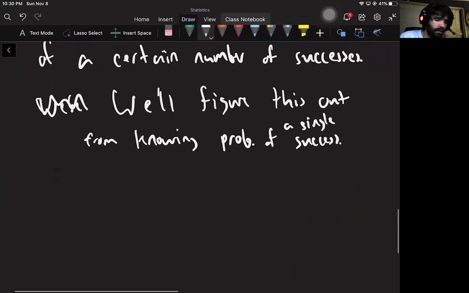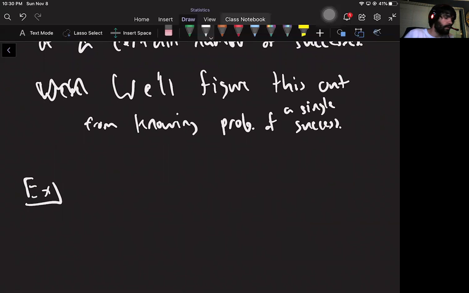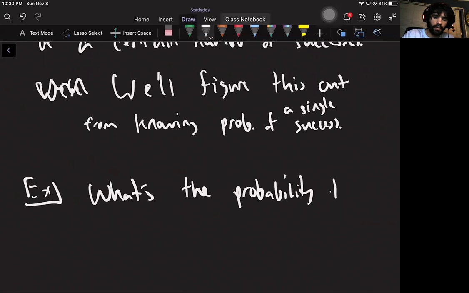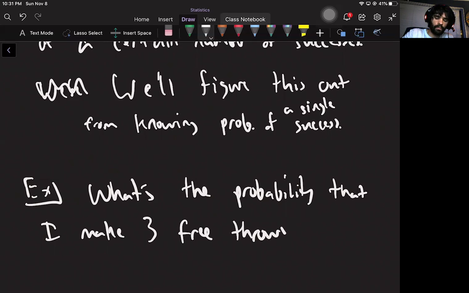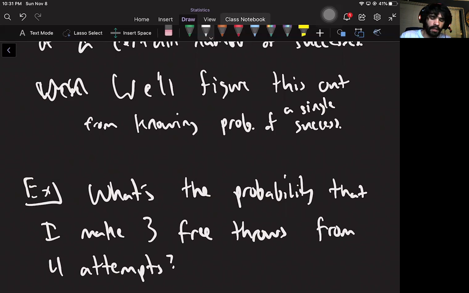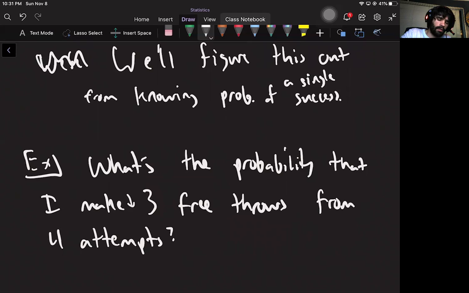So let's do it with the free throw example. So what's the probability that I make exactly 3 free throws from 4 attempts? And so when I say questions like this, I'm always going to be secretly using the word exactly. So exactly 3 free throws, so making all 4 does not count, just exactly 3.